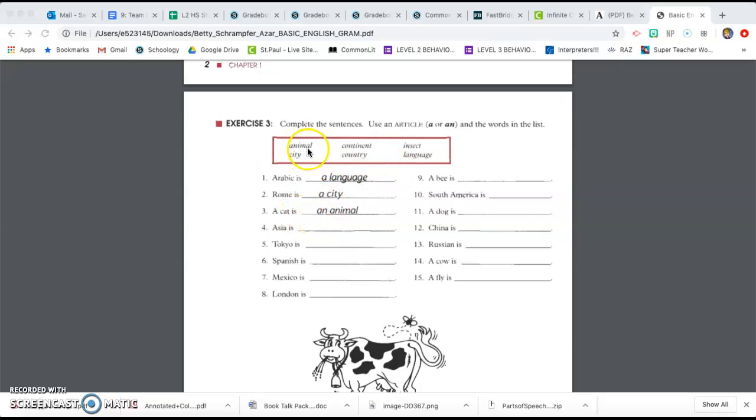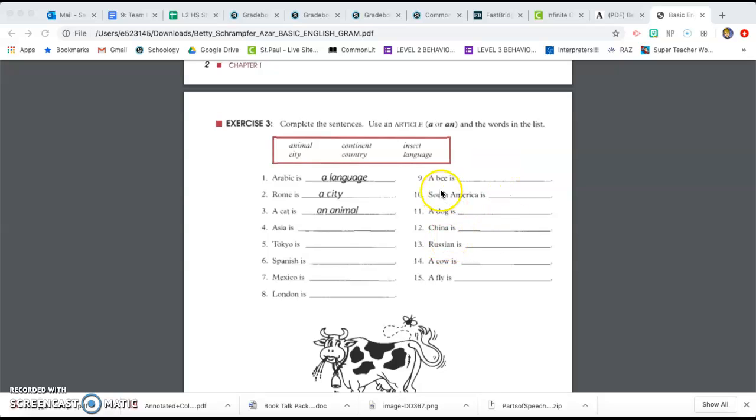That's one of the words listed here, so we're going to write an animal because this starts with letter A. Let's try number 4 together. Asia is, what is Asia? It's not a country, it's actually a continent. So on the line you would write a continent. How about Tokyo? Tokyo is, it's a country, so you'd write a country.